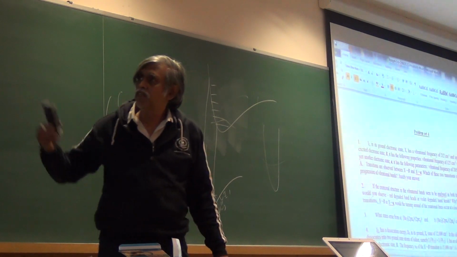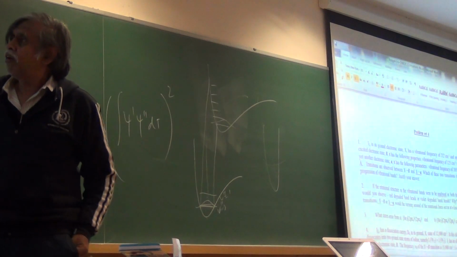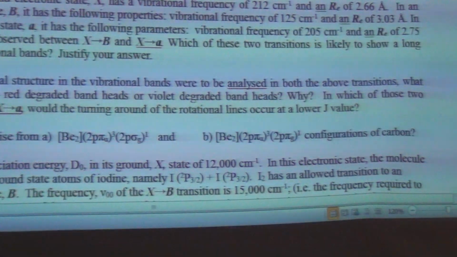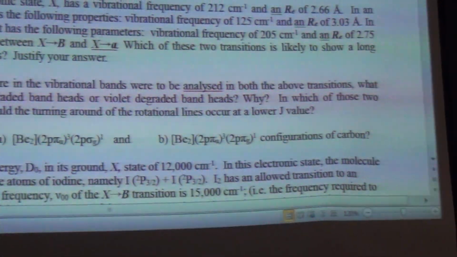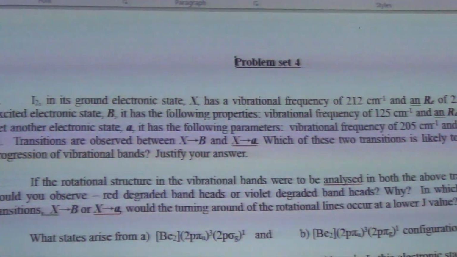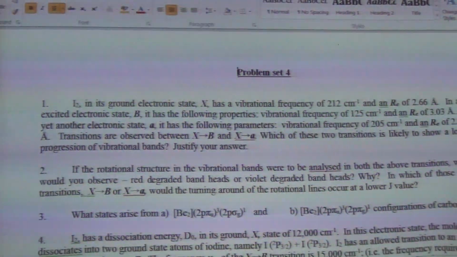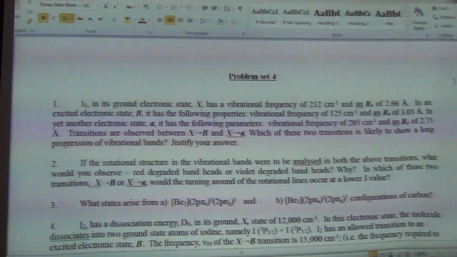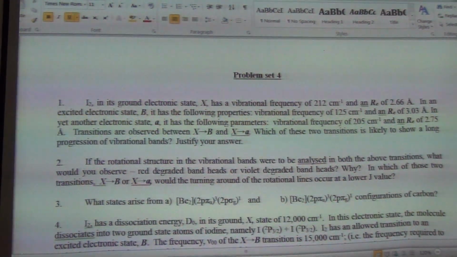I'm asking you. The first question actually says, in this ground electronic state X, the vibration frequency is 212 wave numbers. So this is the X state for I2, which has 212 as omega e and an re of 2.66 angstroms, meaning that this is 2.66.